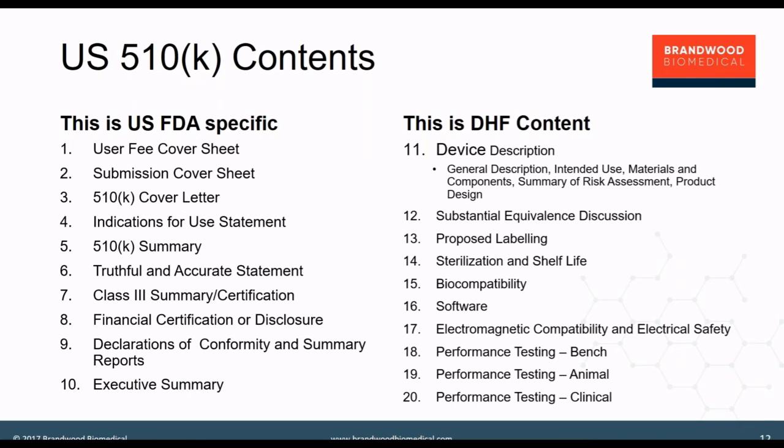And obviously, all the other sections, 17 to 20, are information about the testing of the product, whether you've used some bench testing. So again, this is all your verification data that has been produced as part of the DHF.